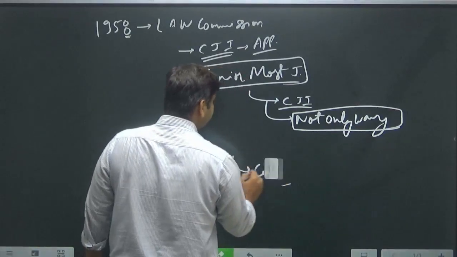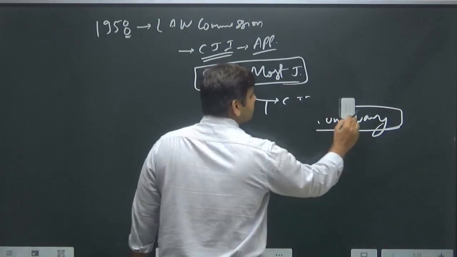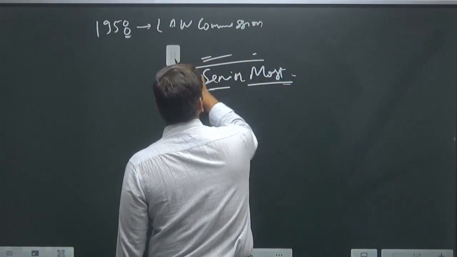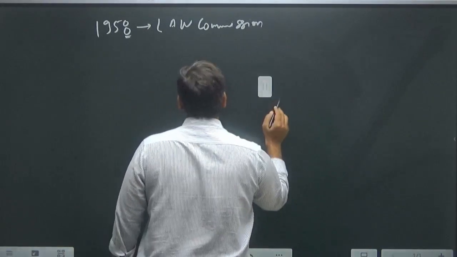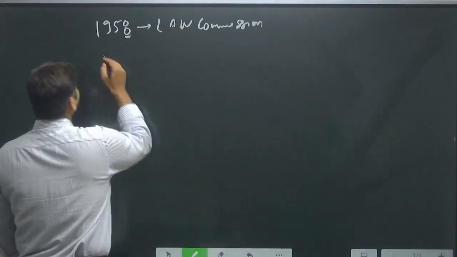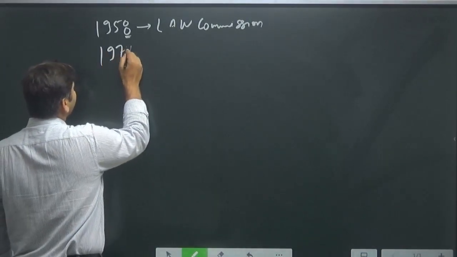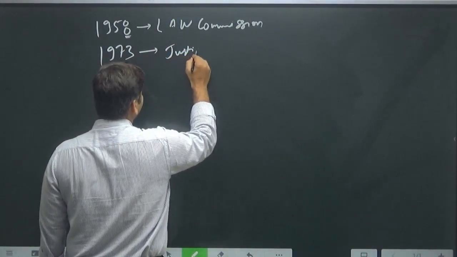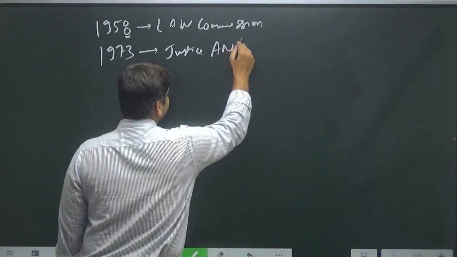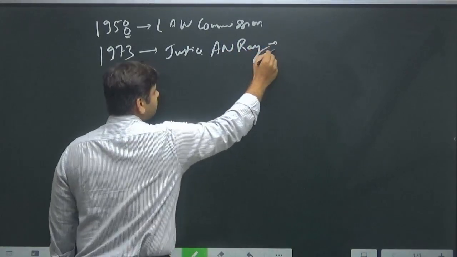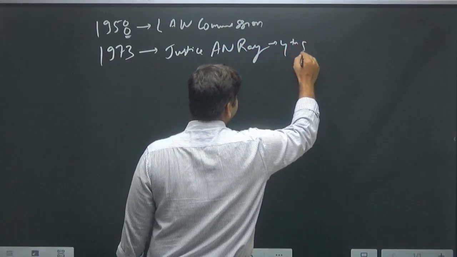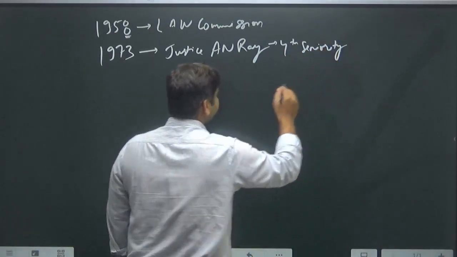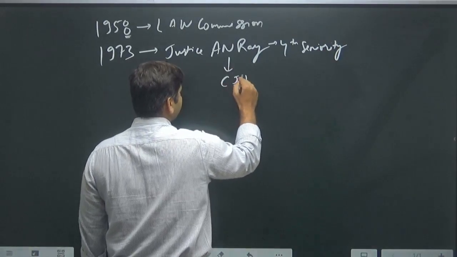In 1973, something happened. This tradition was broken down by the government of Indira Gandhi when Justice A.N. Ray, who was fourth in seniority, was appointed as the Chief Justice of India.